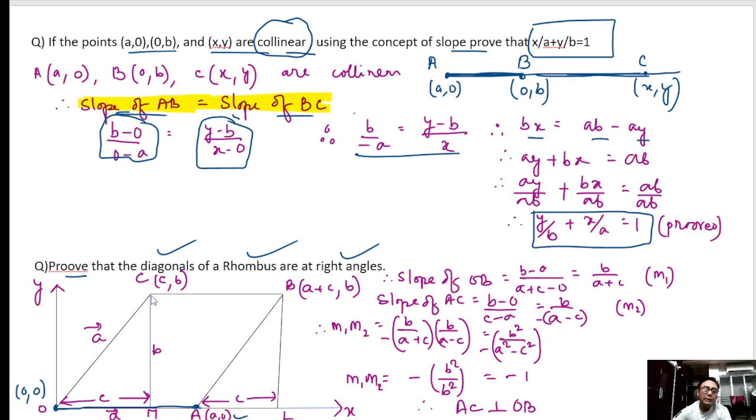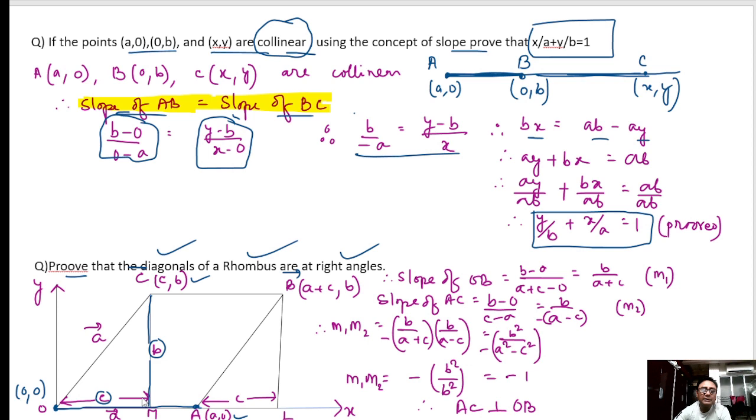Now let the perpendicular distance of C be B. So what is the coordinate of C? Let this part be C and this part be B. That means the coordinate of C will be (C, B).